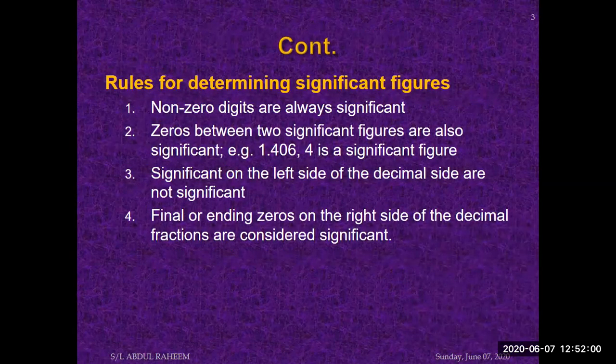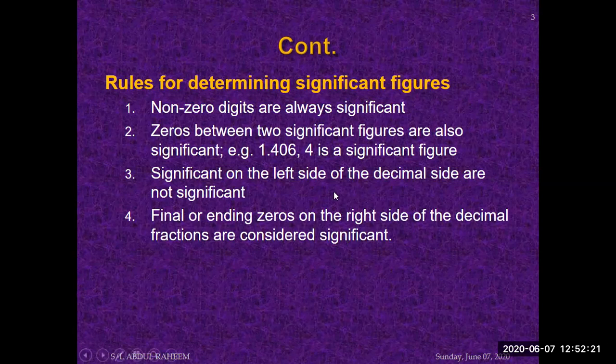Before we consider them, let's see the rules for determining the significant figures. Number one, non-zero digits are always significant. These are the main points to be jotted down in the notebook. Zeros between two significant figures are also significant.